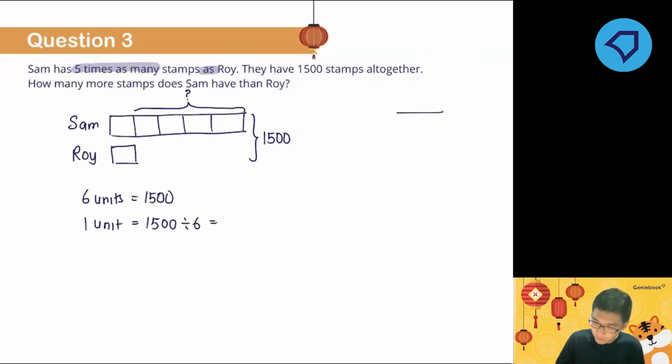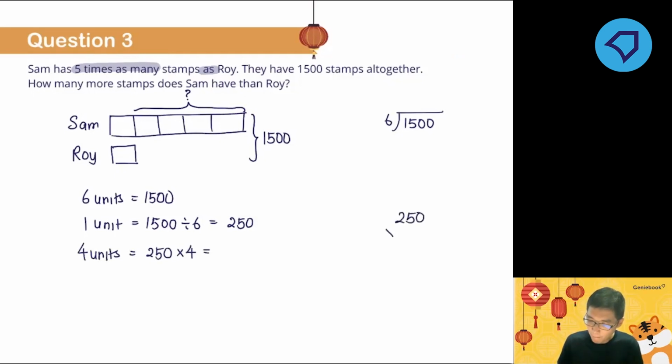Okay, so you do your long division, you should get the answer 250. Yes. Okay, now then to solve the number of stamps that Sam have more than Roy, it is your 1, 2, 3, 4. This 4 units over here. Okay, so 4 units represents 250 multiplied by 4. Okay, so again, you do your working of 250 multiplied by 4. It's indeed 1,000.